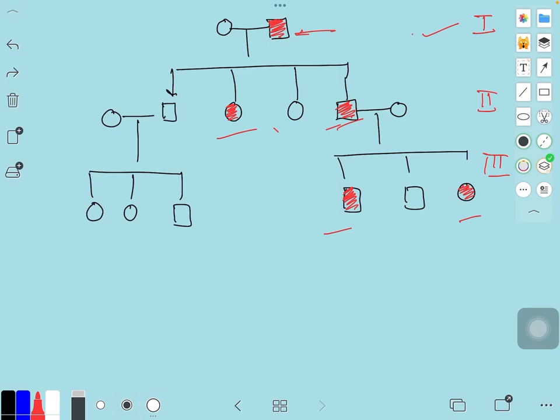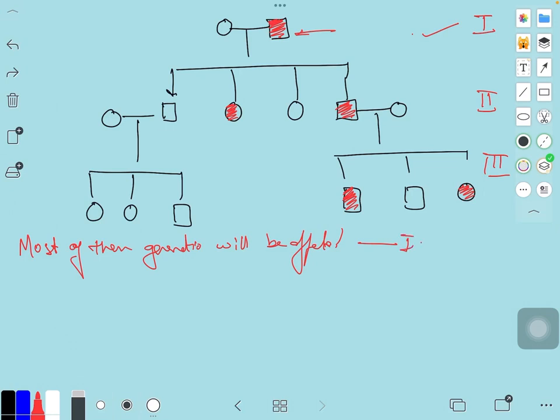However, over here none of them are affected because the parent did not have the disease. So the point to be said is that first, most of the generations will be affected. This is point number 1.